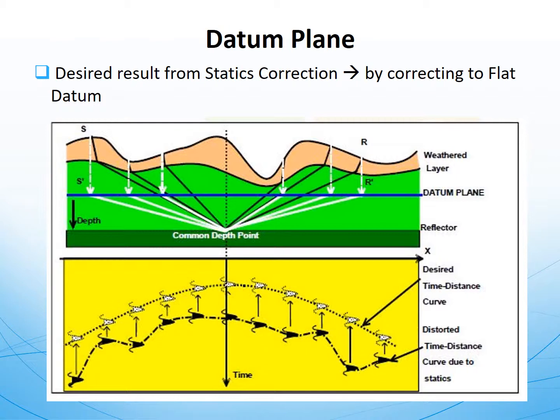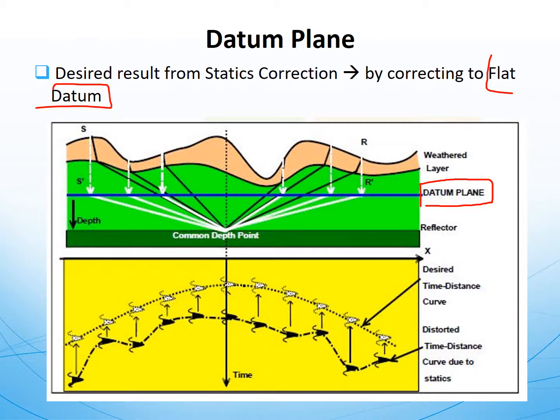What is datum plane, or datum level? It's a desired result of the static correction by correcting to the flat datum, which is given by a level or a layer that is defined by a geophysicist. It means that a processing geophysicist needs to define your datum plane.